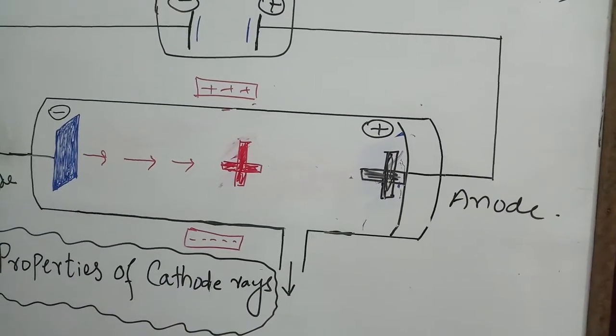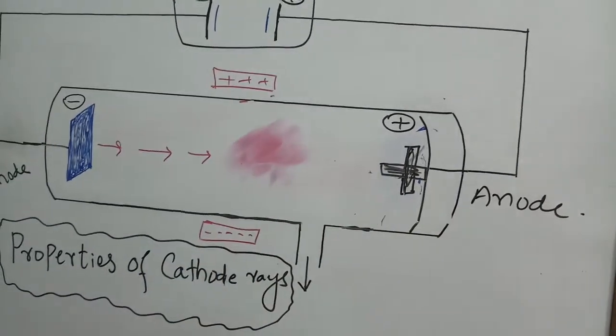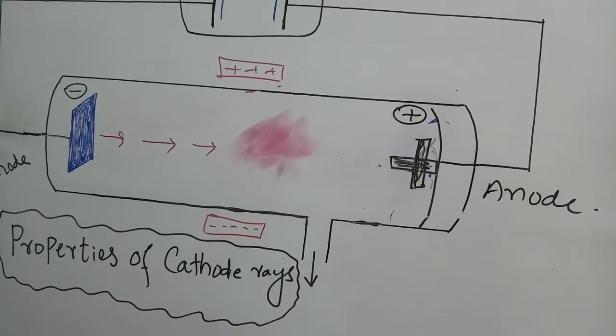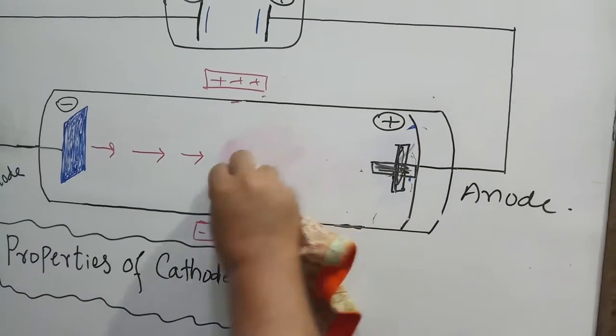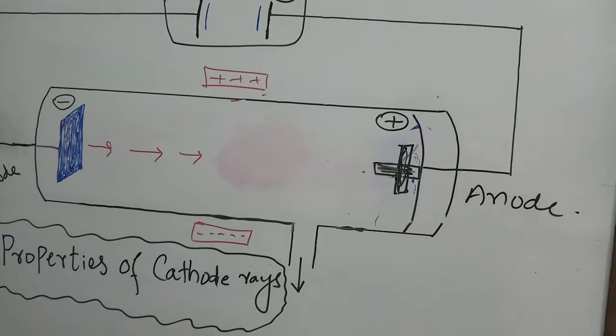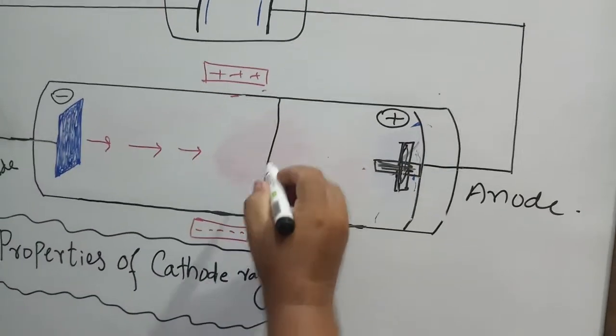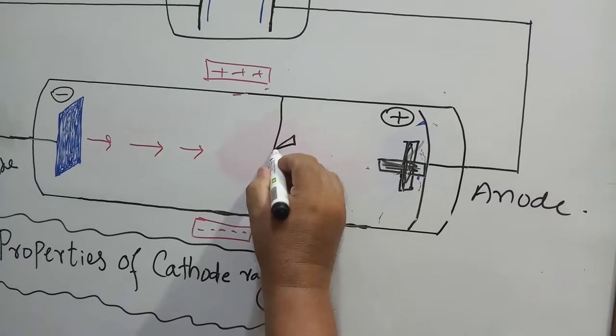Similarly, in the third experiment, Perrin placed a very small paddle wheel. A paddle wheel means a very small wheel with a very small mass. Let's say this is a small axle, and it is a small wheel, a paddle wheel.